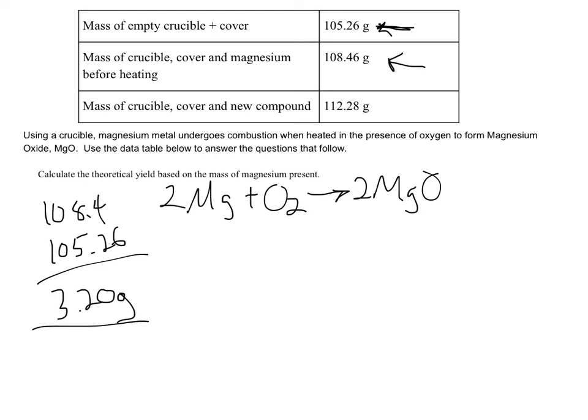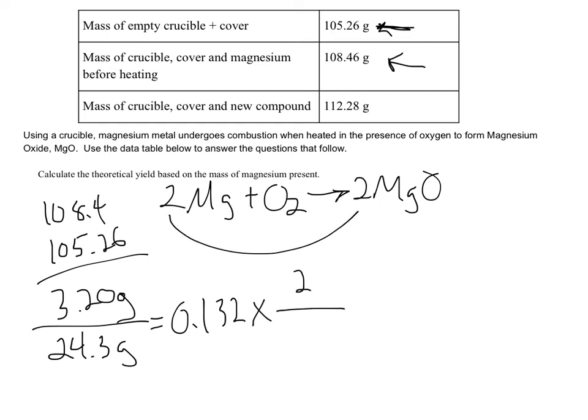The molar mass of magnesium is 24.3 grams per mole. So that means in this reaction I have 0.132 moles of magnesium. The ratio of magnesium to magnesium oxide is 2 to 2, or 1 to 1, which means I have 0.132 moles of magnesium oxide.